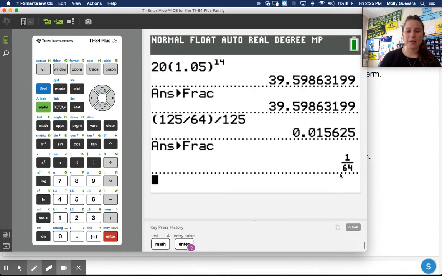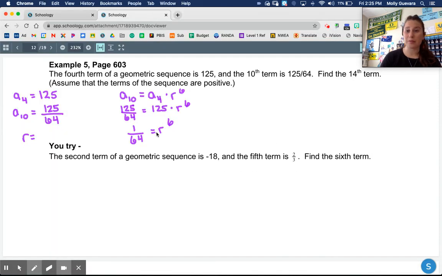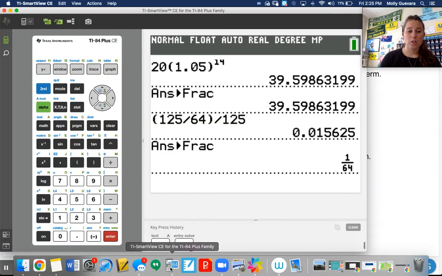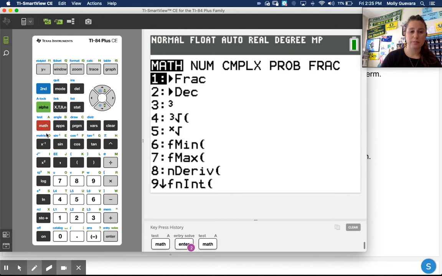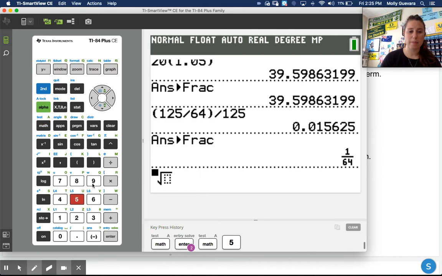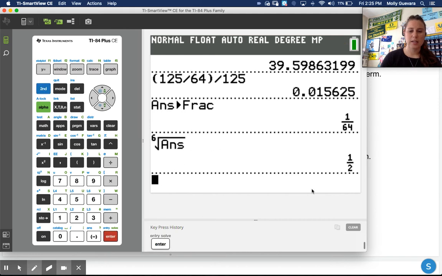Okay, now I need to take the 6th root of this, right, so that I can find what r equals. So I can go into math, and number 5 here has the x above it. That'll allow me to enter 6, and then I can just do answer, and I get 1/2.